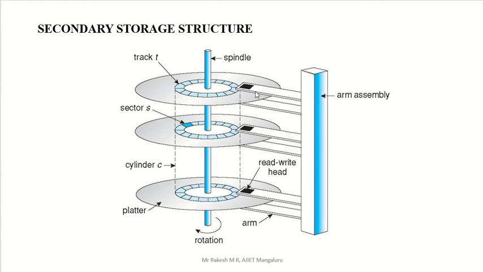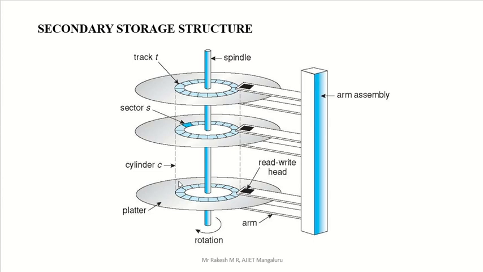Here in this platter we have this one track. In that same place in another platter we have another track, and in another platter in that same place we have another track. All the tracks combined together form one cylinder. This is a virtual part, we are just assuming it like this. Anyway, in a platter we have a lot of tracks. If you combine the tracks of all the platters, a lot of cylinders are there.